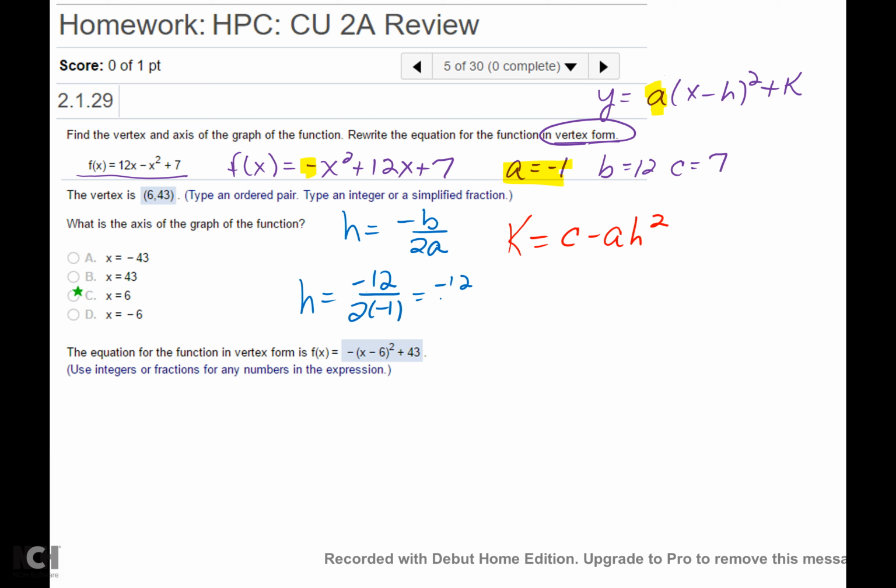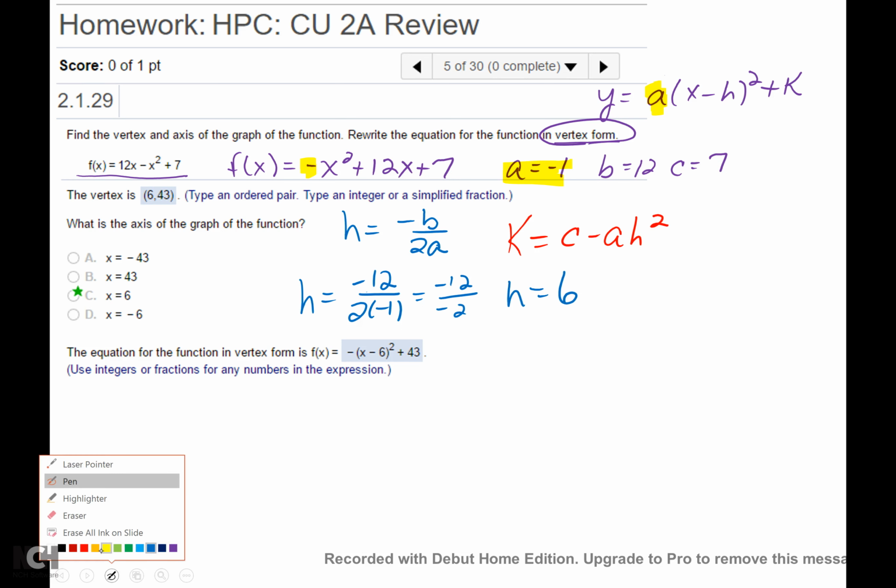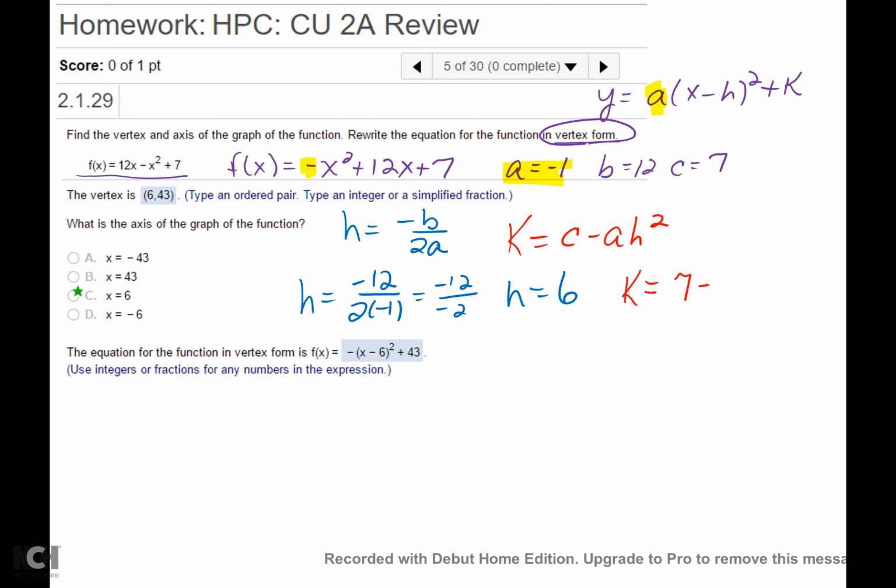That's going to be negative 12 divided by negative 2, so h equals 6. To find my k, I'm going to take my c, which is 7, minus my a, which is negative 1, times my h squared. You square first, that's 36, times a negative is negative 36, minus the negative turns it positive, add, and you get 43.